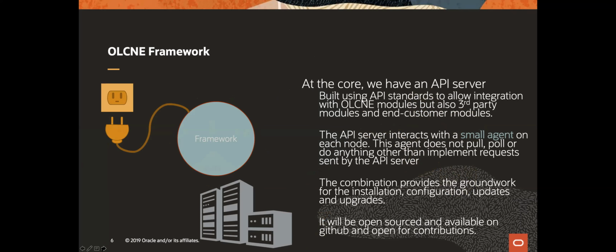So when I talk about the framework, what I'm talking about at the core is an API server. So as I've mentioned, we're very focused on providing open standards that allow for not only the integration of the components that we want to deliver, but also other components that are part of the CNCF landscape, or even potentially at some point in the future, end user or customer modules that may be developed in-house.